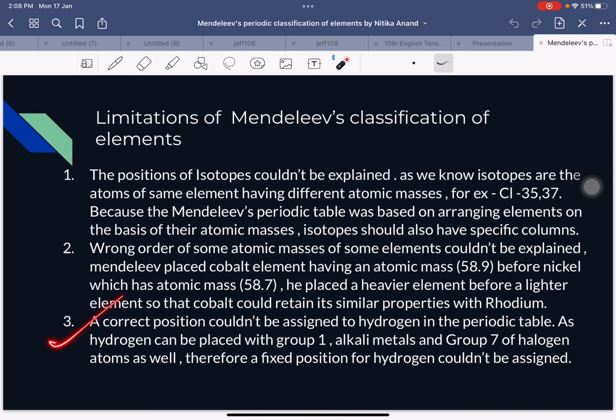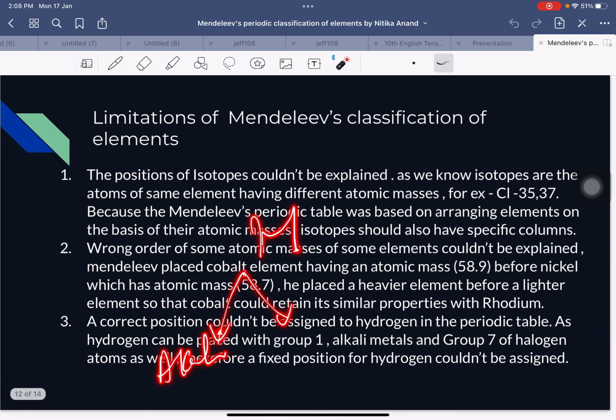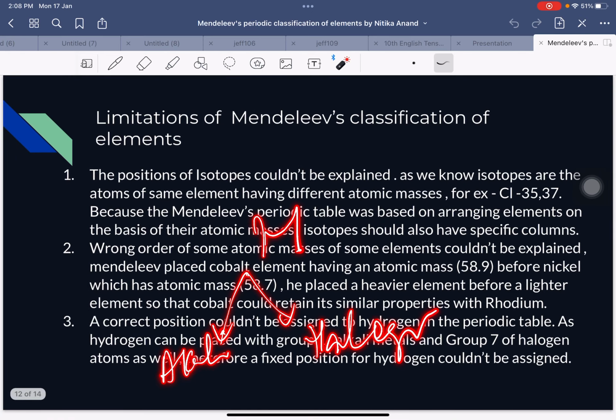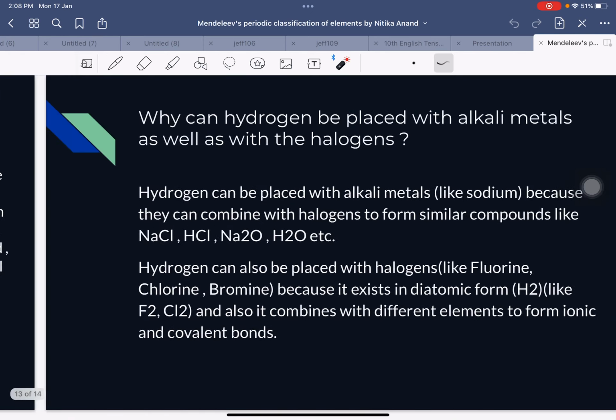Also, the correct position couldn't be assigned for hydrogen in the periodic table. This is a defect in the modern periodic table as well, that we do not have any specific place for hydrogen, because hydrogen can be placed with the alkali metal group and the halogen group as well. Let's understand why.